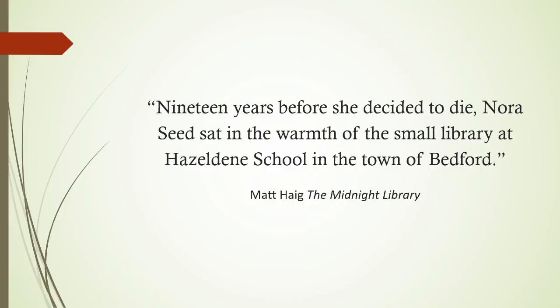In The Midnight Library by Matt Haig, we're told this in the opening sentence. "19 years before she decided to die, Nora Seed sat in the warmth of the small library at Hazeldene School in the town of Bedford." She's in a warm, cosy library. Nora Seed. We don't know anything about Nora Seed yet.